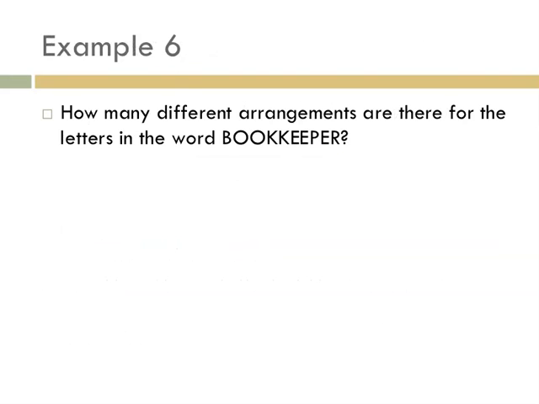So let's take a look at this example. How many different arrangements are there for the letters in the word bookkeeper? Even before we get into this, if you took the way it's arranged right now and swapped the 2 Ks, it looks exactly the same, but technically we've come up with a different arrangement.